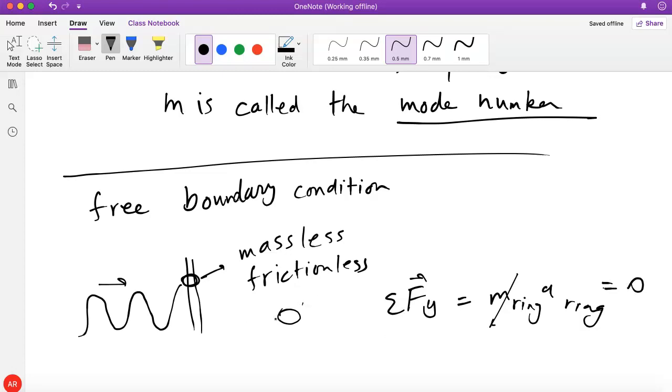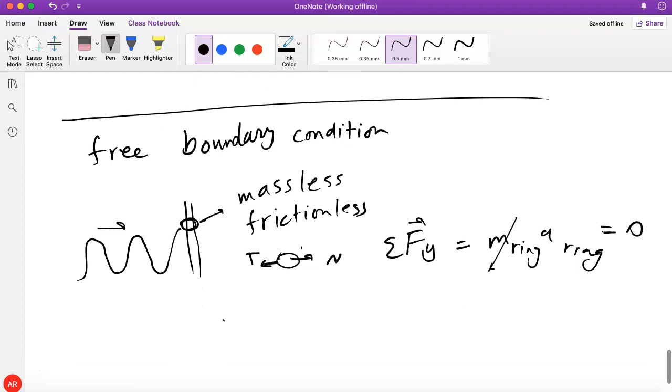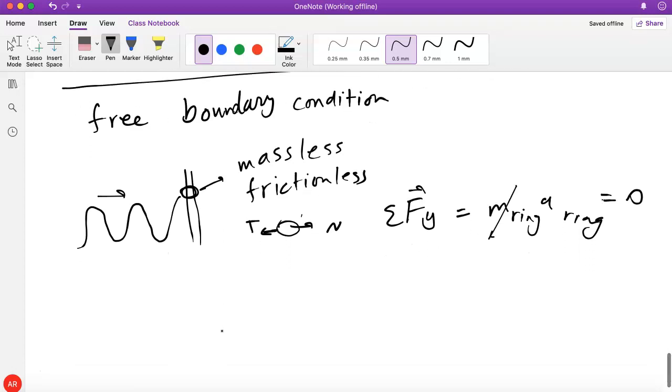So the tension over here can only be horizontal, and then it can cancel out with some normal force from the rod. So there cannot be any vertical component because there is no friction, and only friction can cause another vertical force that would cancel it out. So the boundary condition we get here is that the rope is horizontal at that point.